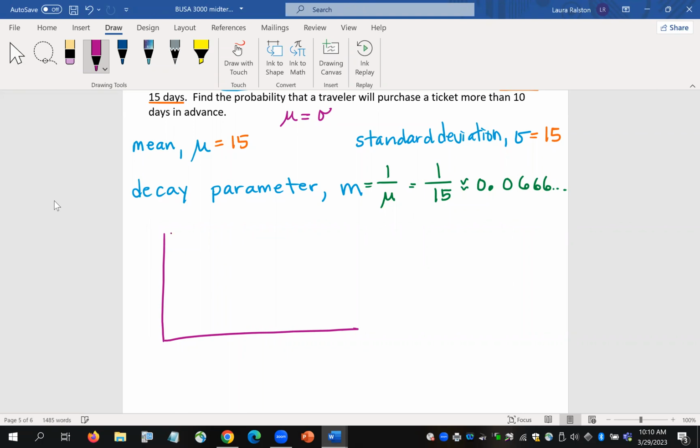So again, with the exponential, it's kind of this L-shaped curve. The mean is 15. We're interested in more than 10 days.